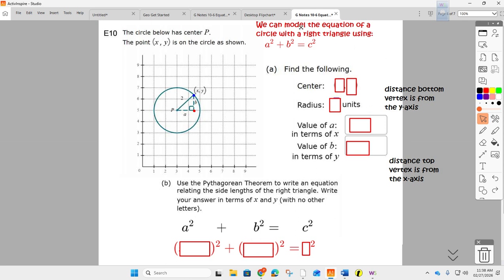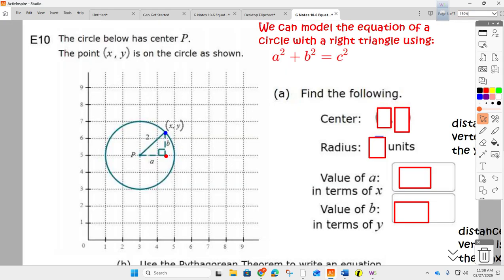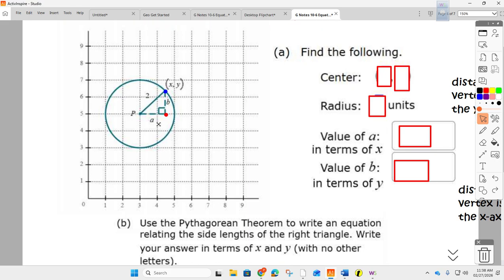So we can model the equation of a circle, or probably they would say show how it's derived by a question like this, using the Pythagorean theorem. So I'm going to make this a little bit bigger. As you can see, this is a circle.